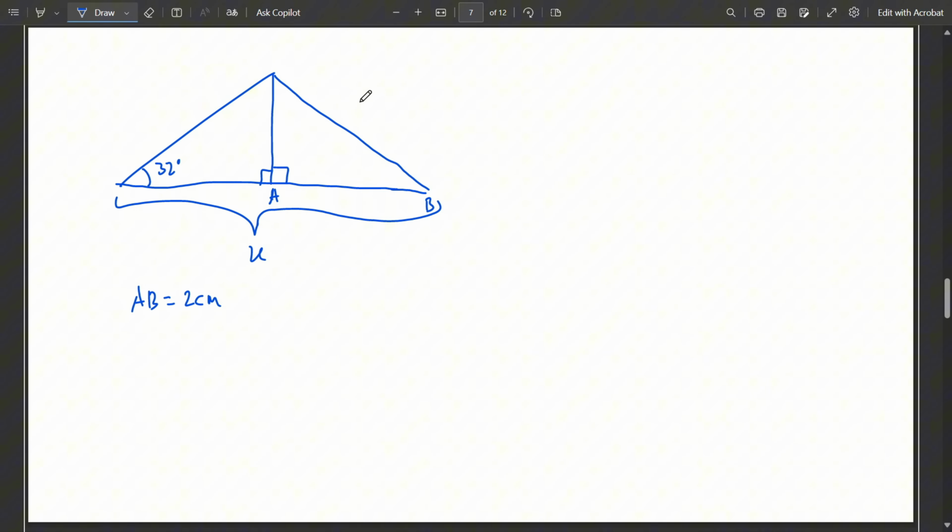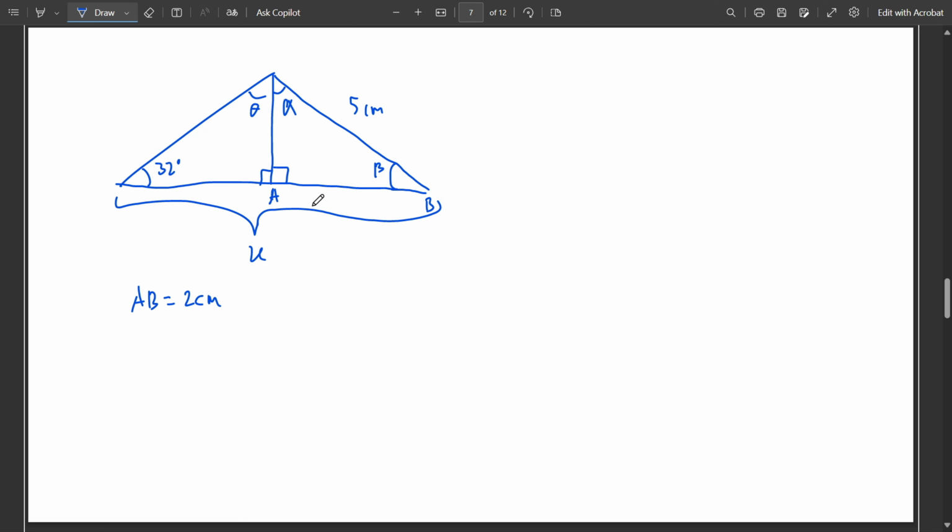And our 5 here is 5 centimeters. And we don't know this angle. Well, let's call it this angle beta, this angle alpha, this angle theta. Okay.